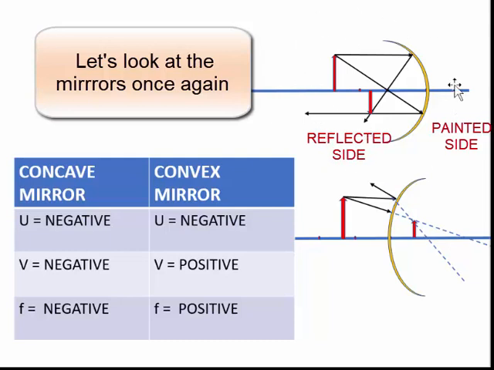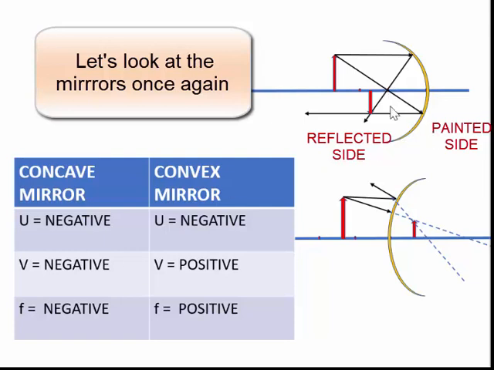Let's first talk about the concave mirror. Here, because we have placed our object towards the left of the pole, that's why we'll always write our object distance to be negative. What about the image distance? Look at this. The image is again placed on the left hand side of the pole. So here also our image distance will be negative. What about the focus?